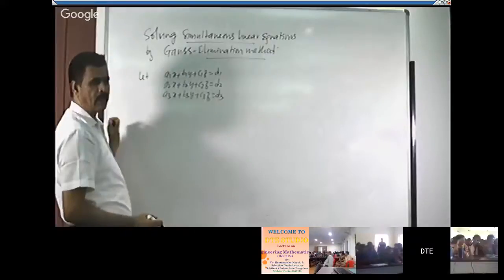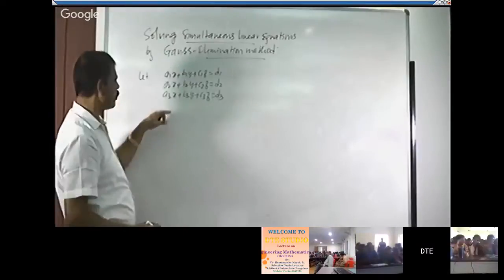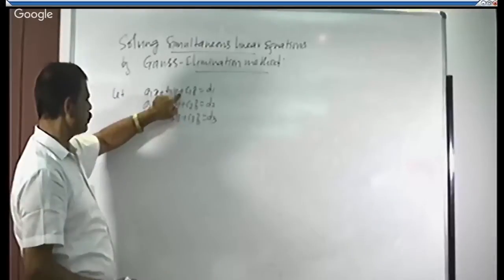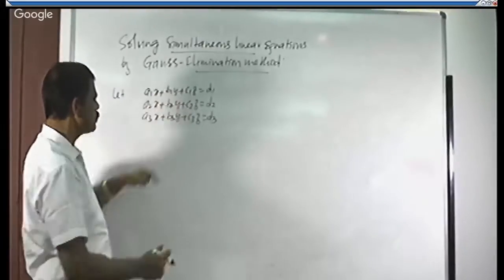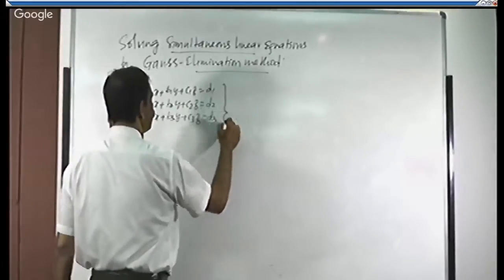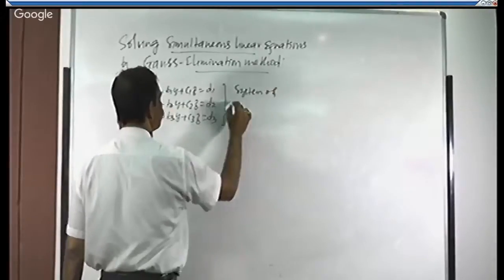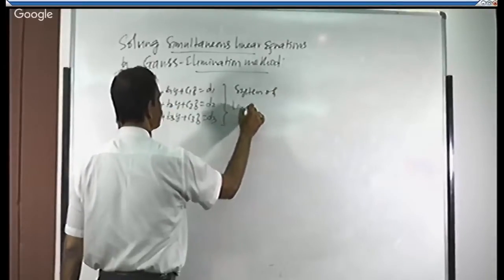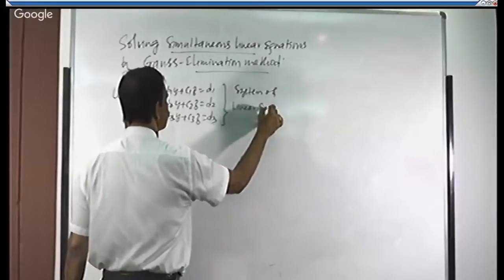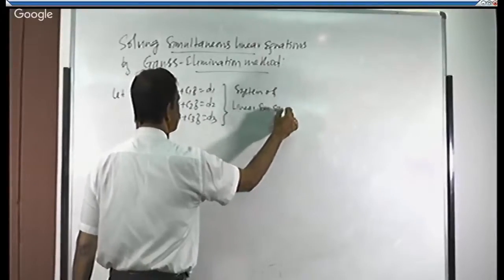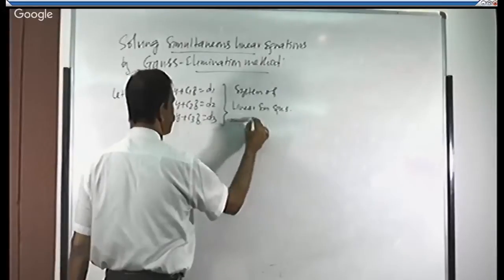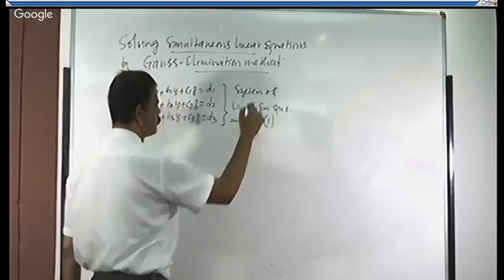These are the simultaneous equations of how many unknowns? 3 unknowns, x, y, z. They are called system of linear simultaneous equations. I will take these as equation number 1.